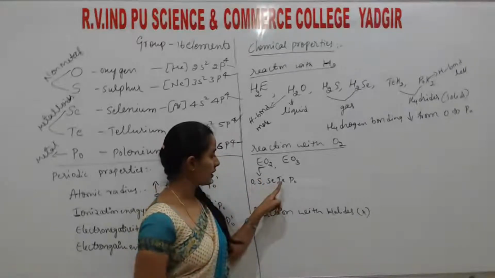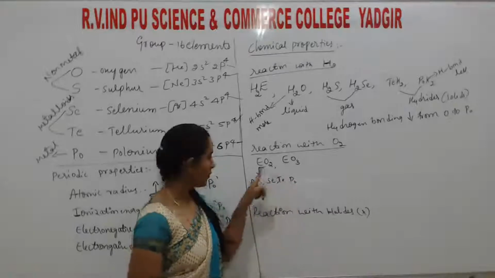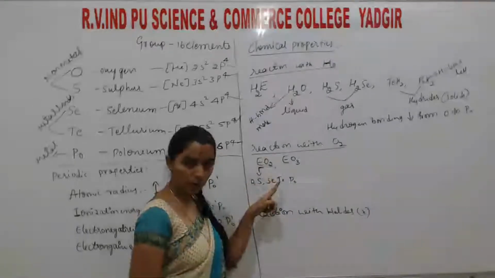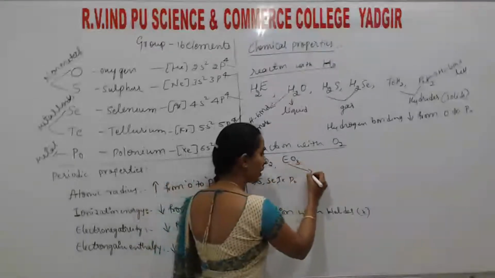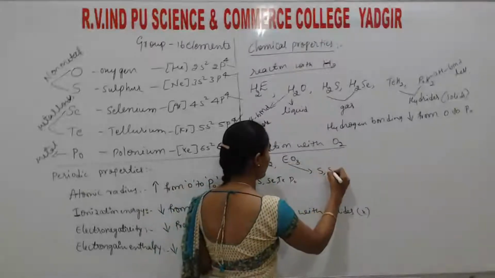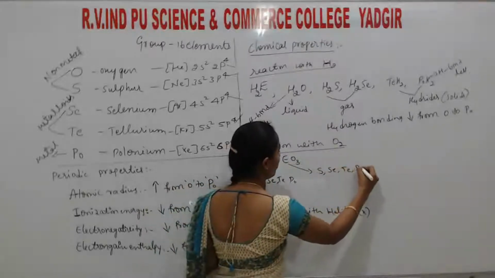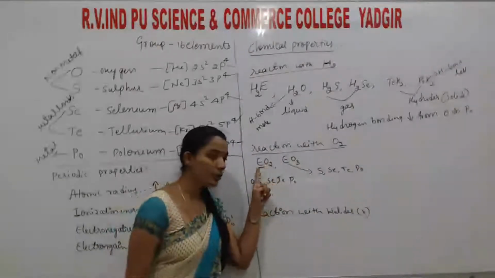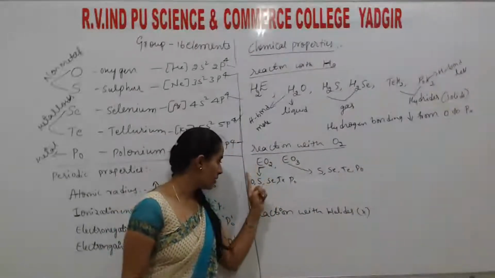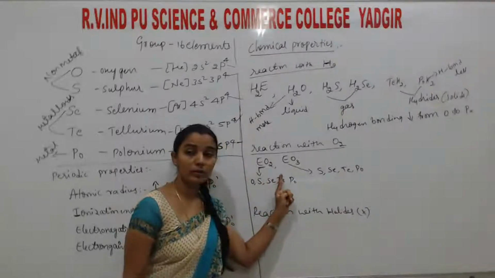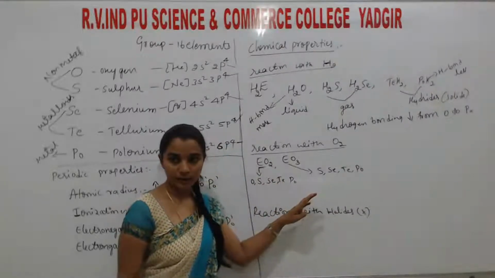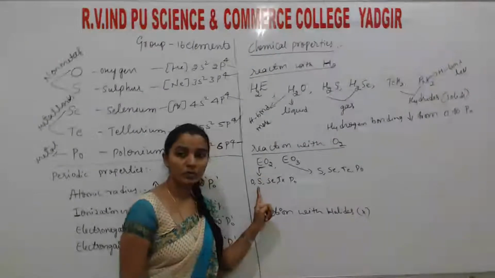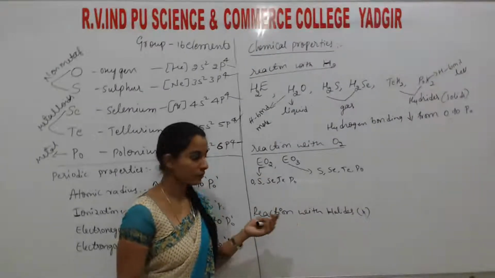In EO3 type, it is only sulfur, selenium, tellurium, polonium, not oxygen. Remember, in EO2 type, E means oxygen, sulfur, selenium, tellurium, polonium, all.